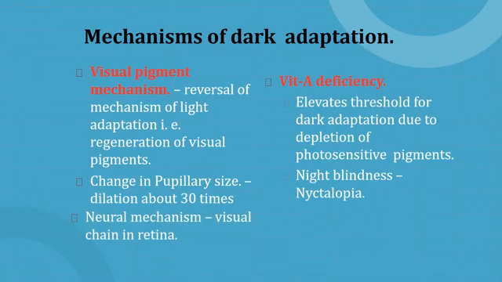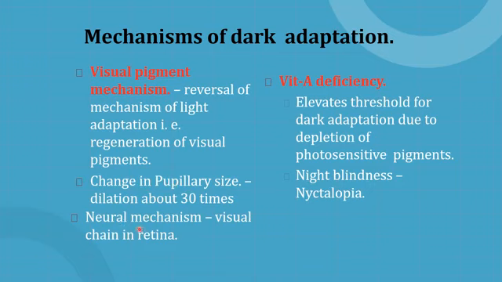So the mechanisms of dark adaptation are the visual pigment mechanism and also the neural mechanism. In the visual pigment mechanism, there is reversal of the mechanism of light adaptation. That is, there will be regeneration of visual pigment. In the phototransduction mechanism, we have seen retinal, rhodopsin, bleaching and regeneration. So in darkness, there is regeneration of rhodopsin pigments and a change in pupillary size, that is dilatation up to 30 times.